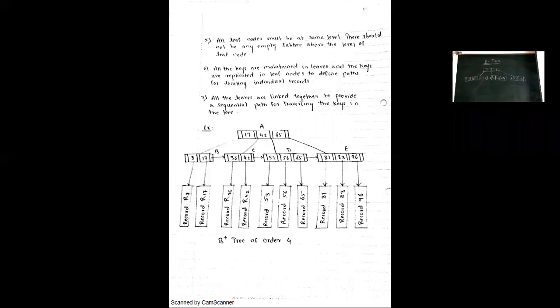But in a B tree, where are we maintaining the key value? At the respective node, right? So at an intermediate node or in the root node also. But here in the B plus tree, we are maintaining the records of all the keys at leaves only. And after that, all the leaf nodes are interconnected with each other. So this is the main difference between the B tree and B plus tree.